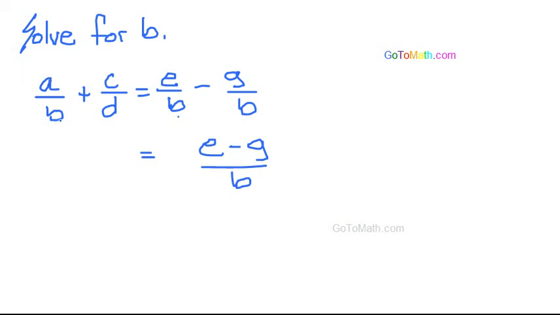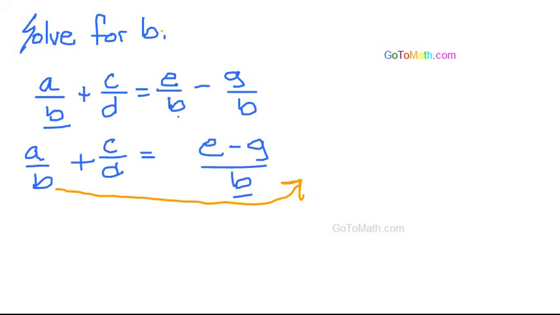Now this side we have a B, and we have a B over here. Let me just go ahead and rewrite this stuff on the left. Let's take this A over B here, and let's just move it to this side right over here. All right.